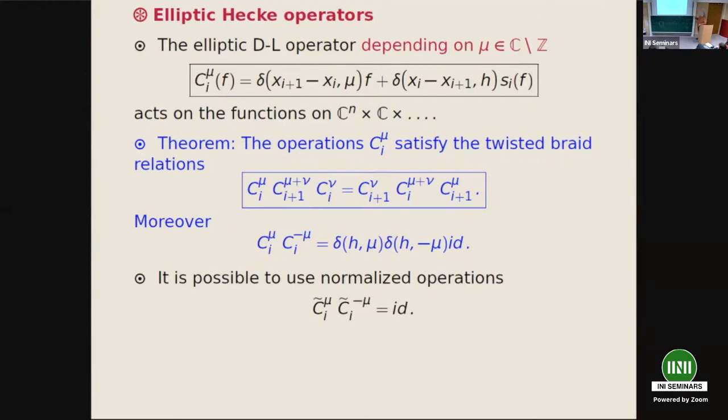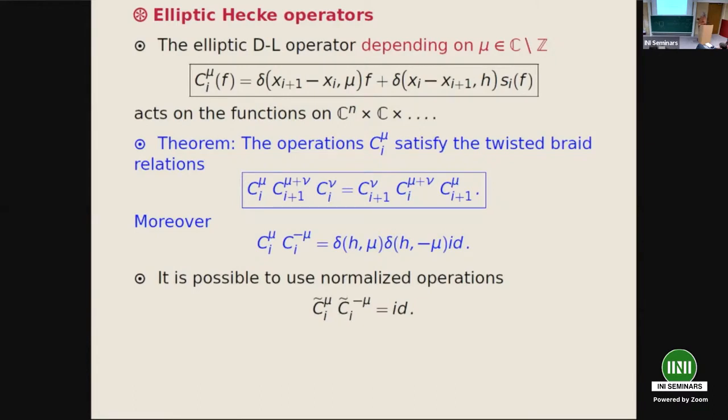And this theorem, I mean, it was already noticed, I think, in our paper with Richard, but we didn't write it in that way, that we have these relations. This is the braid relation, but with a parameter. Braid relation with a dynamical parameter. Also, you can say this is the Yang-Baxter equation. You can rephrase it.